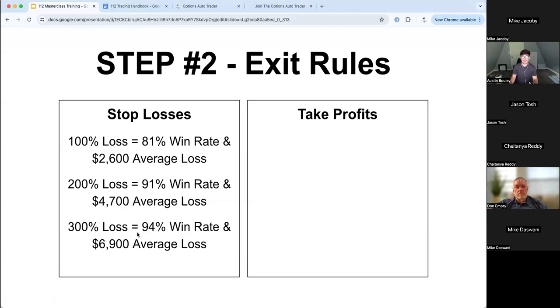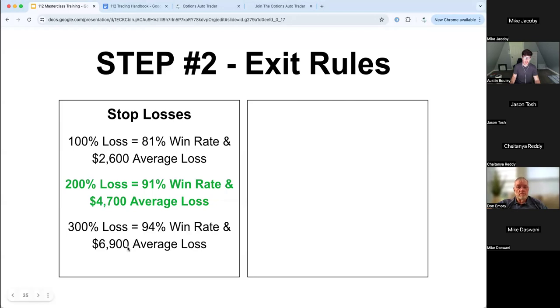So you have to judge for yourself what you want to do based on your win rates and the average losses. I typically pick a 200% stop loss because I get up into my 90% range without having to take as big of a loss as I would with 300.